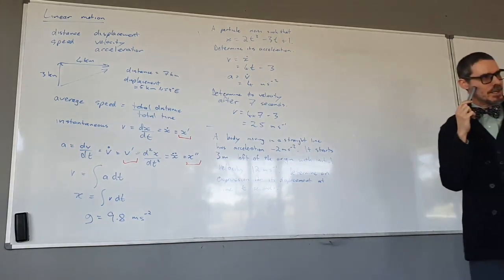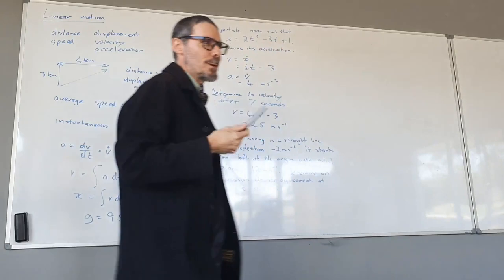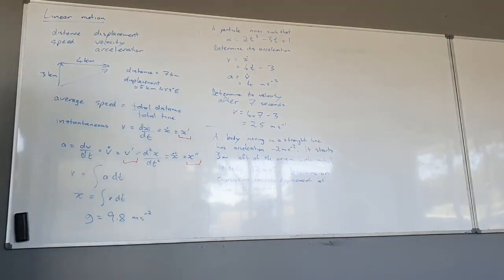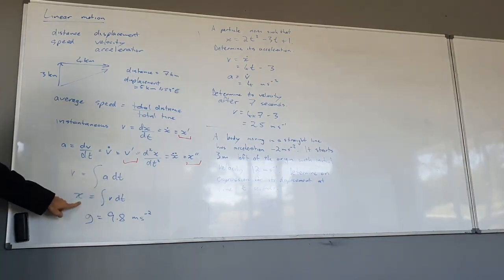This one's going the other direction, that's why there's more information. We're going to have to integrate and work out constants. We're going to go from acceleration to velocity, then velocity to displacement.